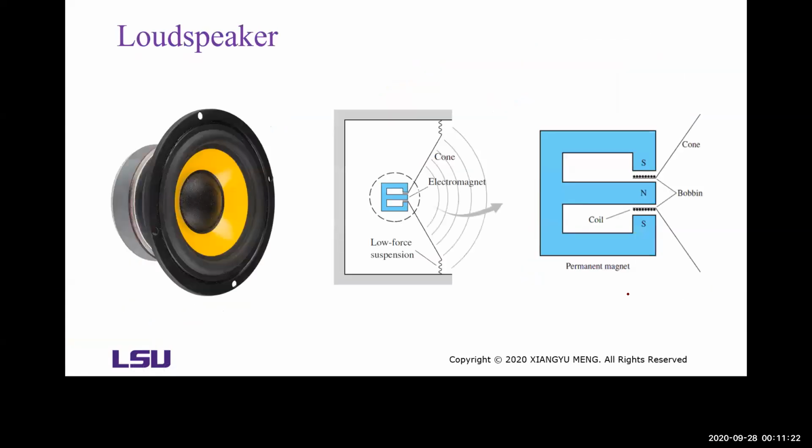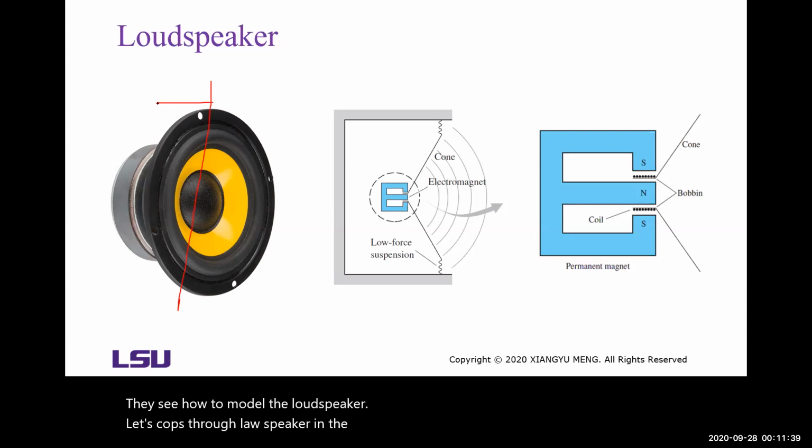Now let's see an example. Let's see how to model the loudspeaker. Let's cut through the loudspeaker in the middle. Then we have the side view.